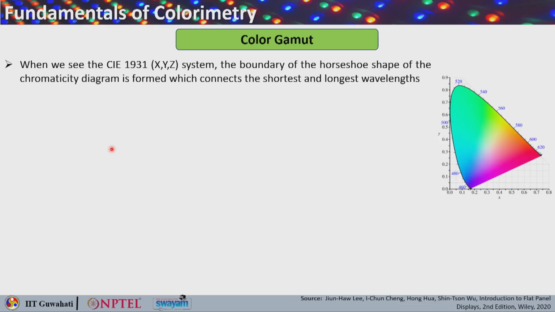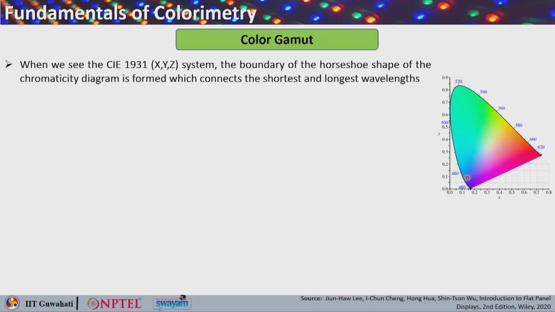So, what is color gamut? If you remember, this basically tells you about the range of colors that can be produced. When you see the CIE 1931 XYZ system, the boundary of this horseshoe shape of the chromaticity diagram is formed by connecting the shortest and the longest wavelengths.